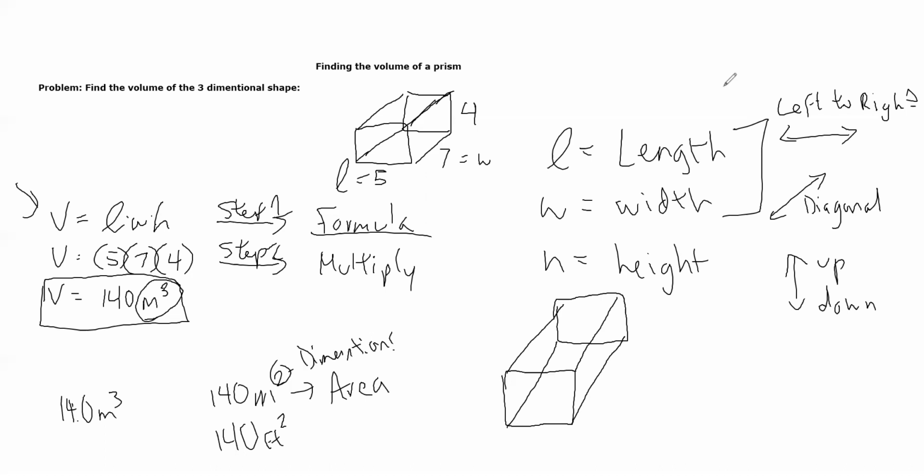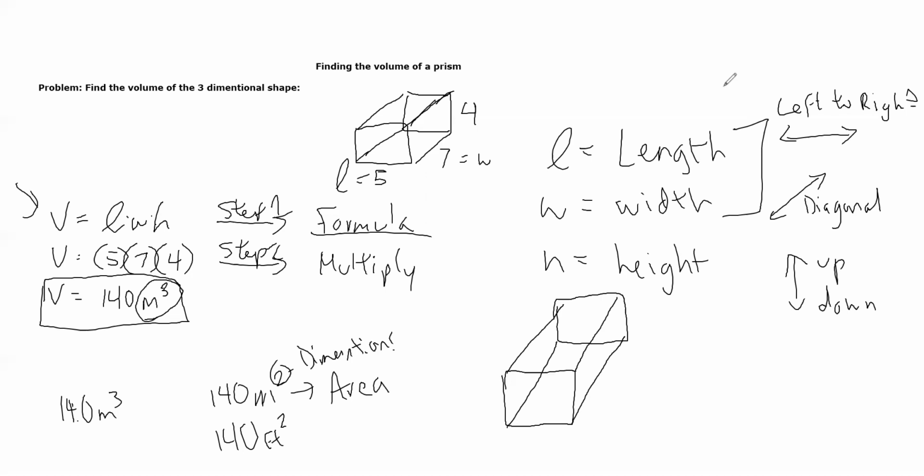It's 140 meters cubed. If I were to make boxes of rectangular cubes that are 1 meter by 1 meter by 1 meter, and I were to stack them until they fill up the inside of the house, I could fill it with 140 of these 1 by 1 by 1 meter blocks, essentially.